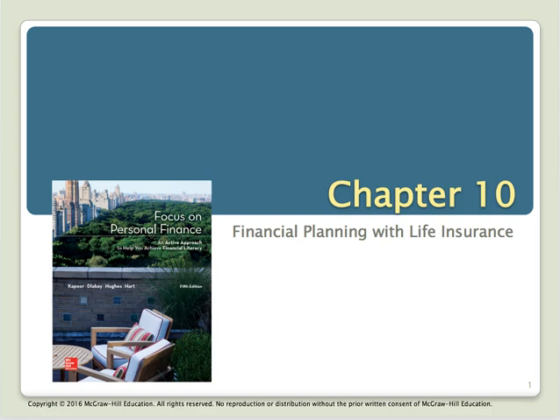So in this chapter, we'll talk about the meaning of life insurance and describe its purpose and the principle. We will look at the 4 general methods for determining the amount of life insurance that you need. Next, we'll look at the types of life insurance policies, which include term life, whole life, limited payment life, adjustable life, and universal life.